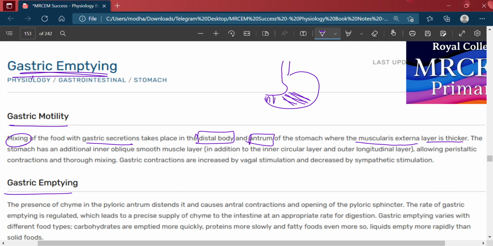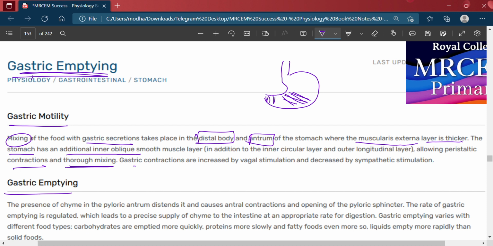The stomach has an additional inner oblique smooth muscle layer, in addition to the inner circular layer and the outer longitudinal layer, allowing peristaltic contraction and thorough mixing.